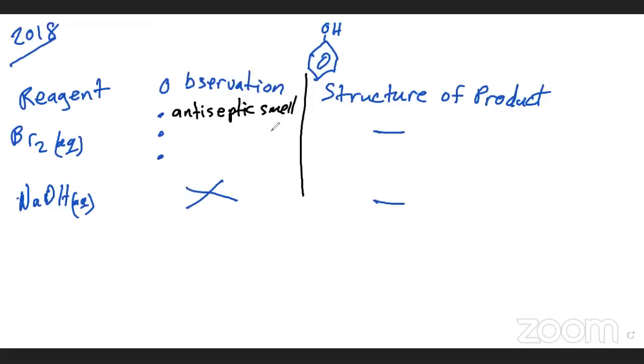give me a second to mute that person. Mic is on. All right, so antiseptic smell, you said, yeah, white. Somebody mute the mic, somebody's mic is playing the, right? Decolorizes bromine.